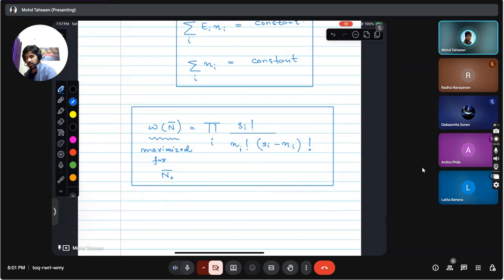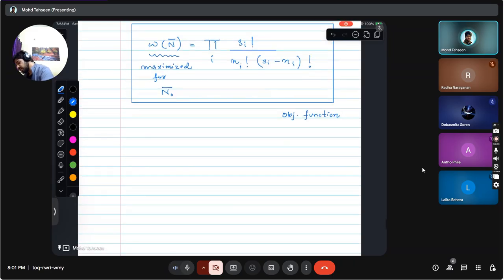This type of problem is called a constrained optimization problem, where this is the objective function and these are the constraints. Such problems are solved by the method of Lagrange multipliers.